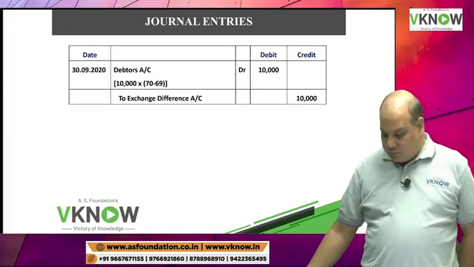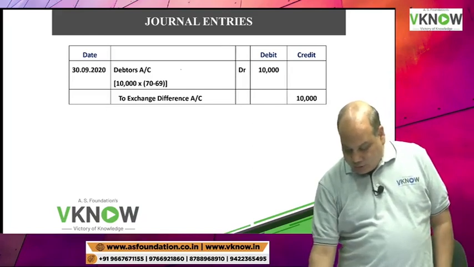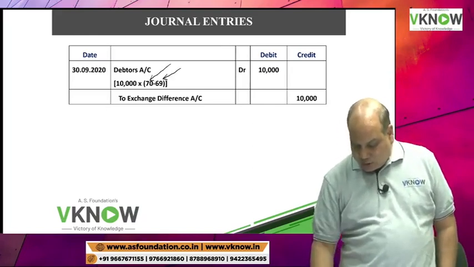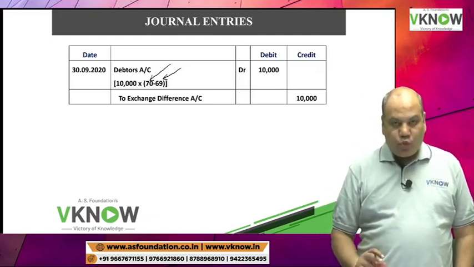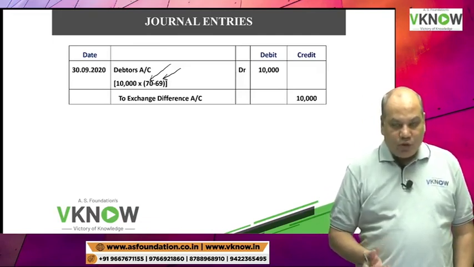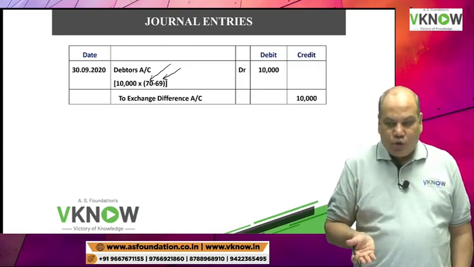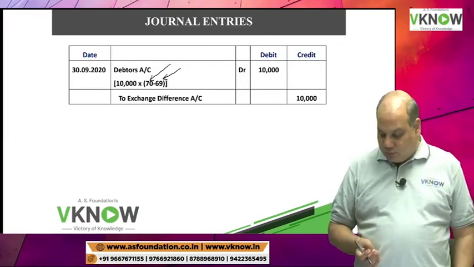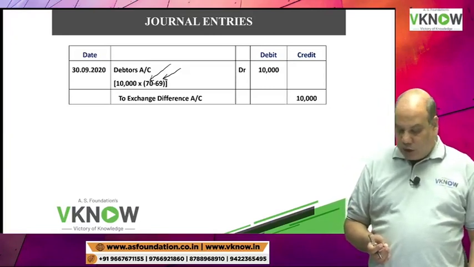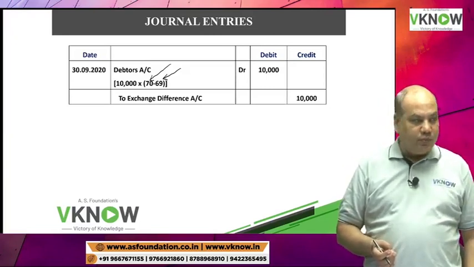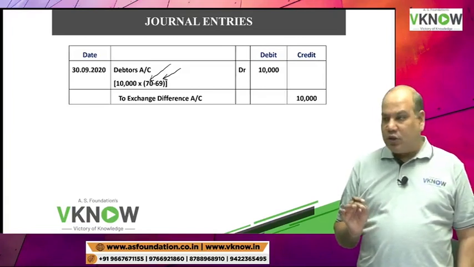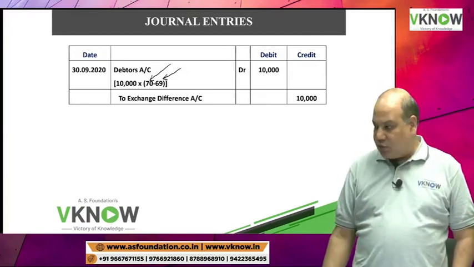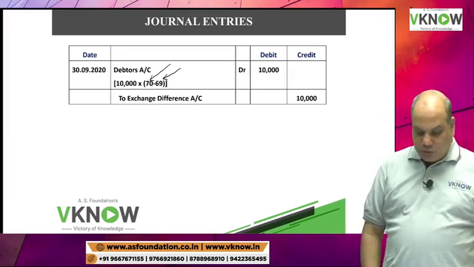Why 10,000? When the debtor was recorded, the rate was 69. At year end, the rate is 70. So by 1 rupee, the rate of exchange has gone up. So debtors will be increased by 1 rupee into 10,000, that is 10,000 rupees, and to exchange difference account 10,000.